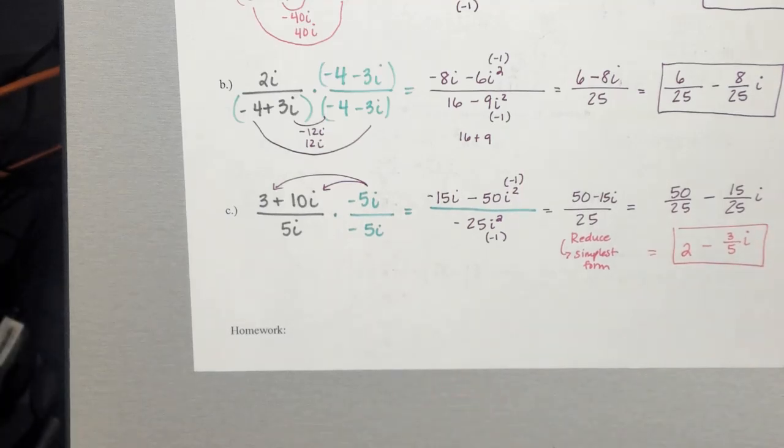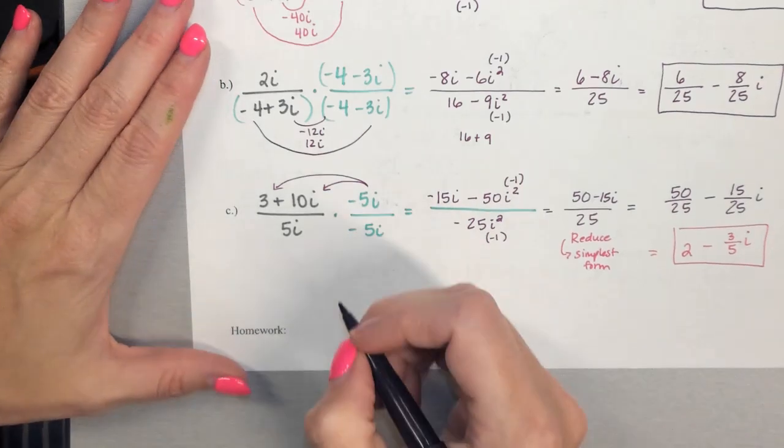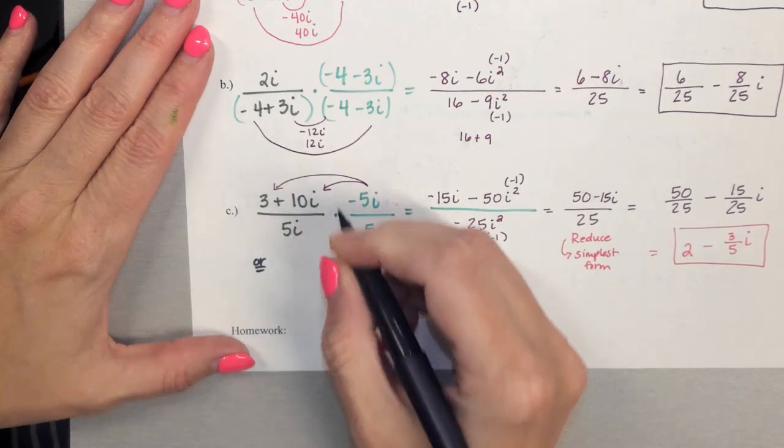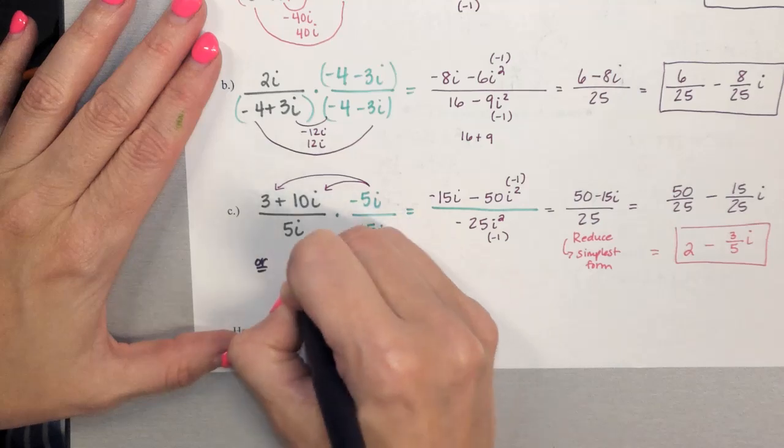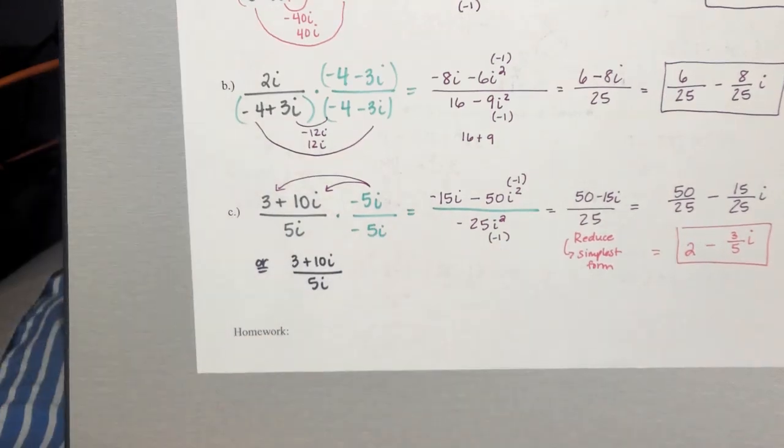Were any of you thinking of something else you could multiply by? Negative 1, 1. You have to have your what with it? You have to have i with it. The only thing we're trying to do is get rid of the i's.